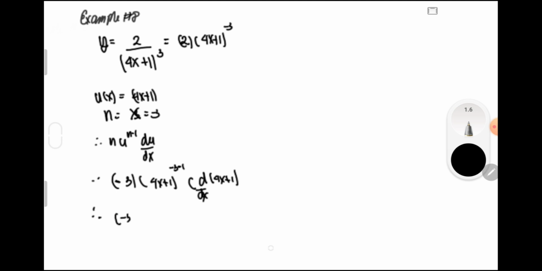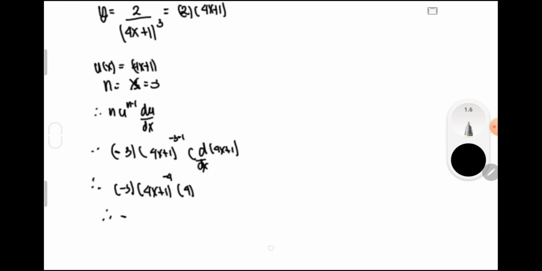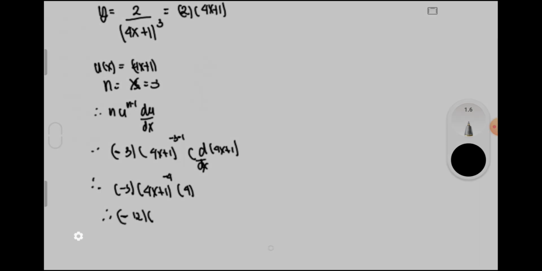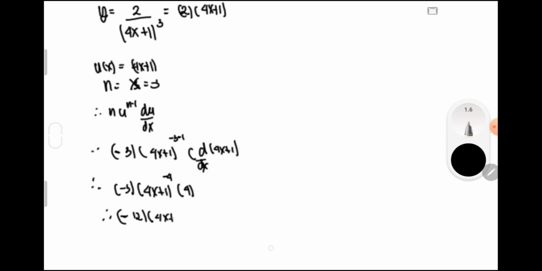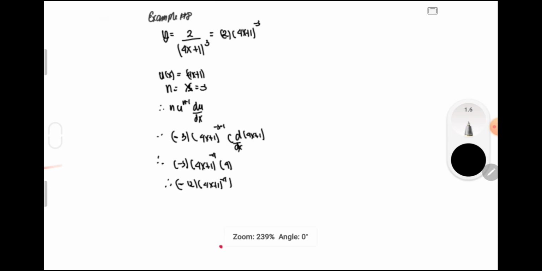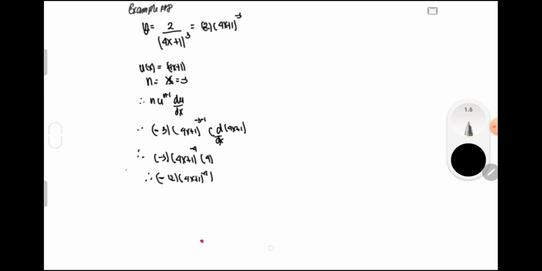So from this we'll have negative 3 multiplied by 4x plus 1 raised to negative 3 minus 1 will be equal to negative 4 multiplied by the derivative of 4x plus 1 will be equal to 4. Siyempre, this will be equal to negative 12 multiplied by 4x plus 1 raised to negative 4. So that would be our y prime.